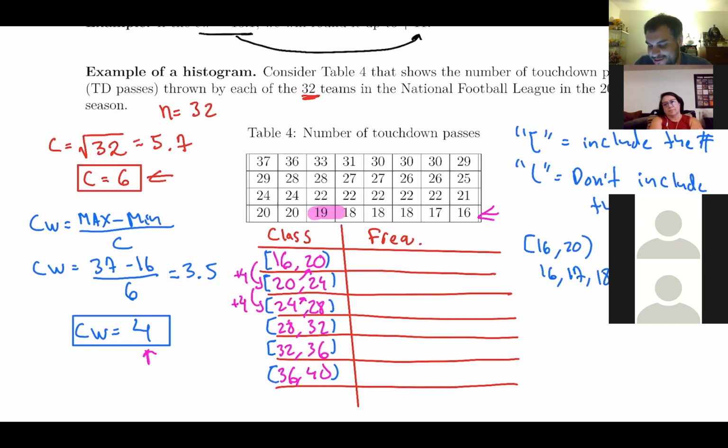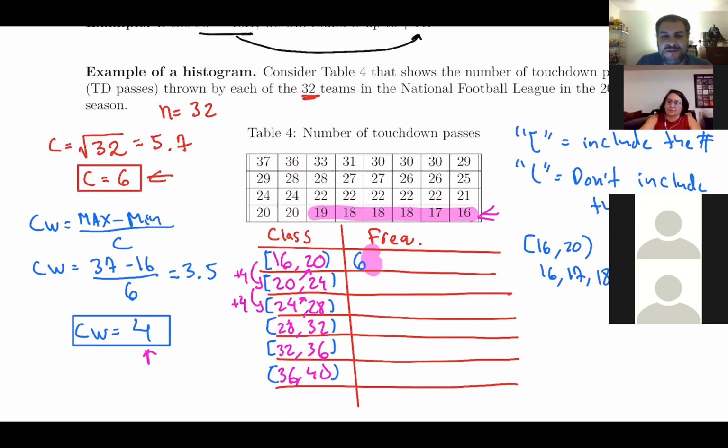Should be all of these. So if you count all of the ones that I highlighted, how many do we have? Yeah, it should be 6. All right, so that's our frequency. So we got a frequency of 6. Everybody got how we got a frequency of 6?